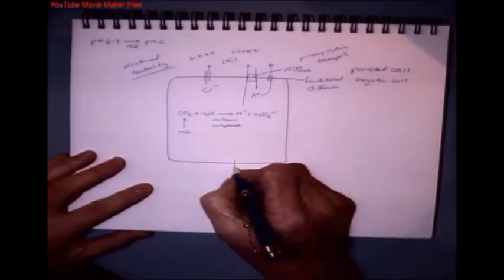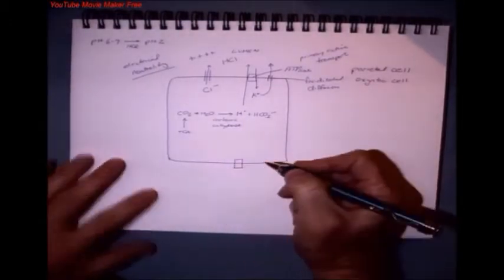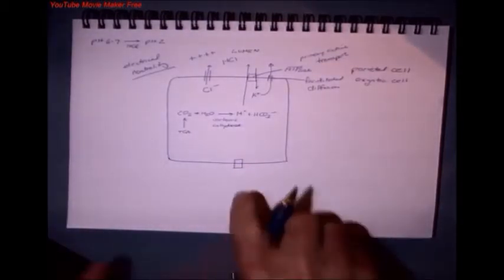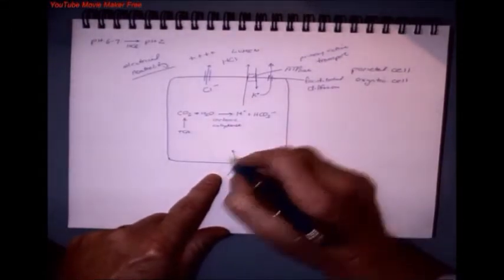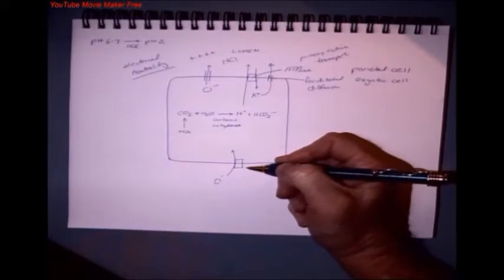Now we don't have a lot of chloride ion available inside the cell, so we have to get it from somewhere. So what we're going to do is put another transporter. Now this transporter will be on the basal surface of the parietal cell. This transporter will bring in chloride from the blood.